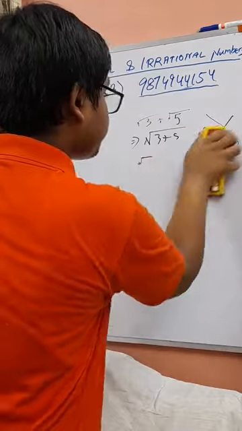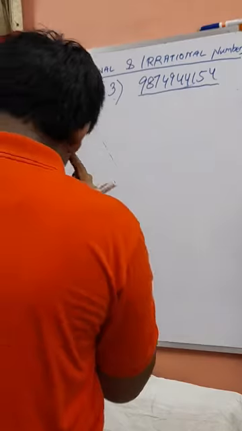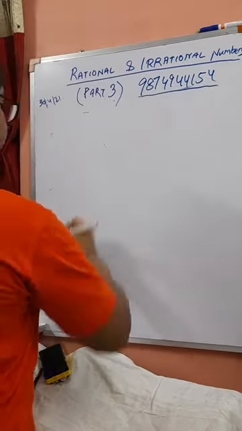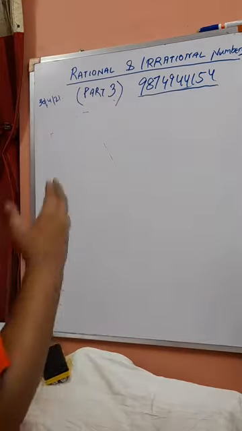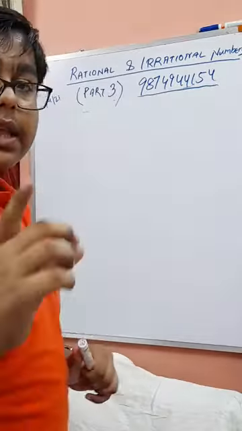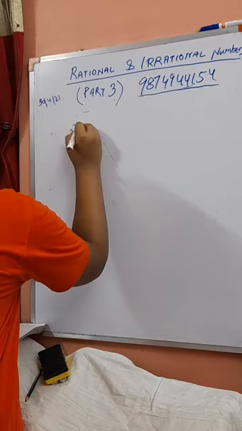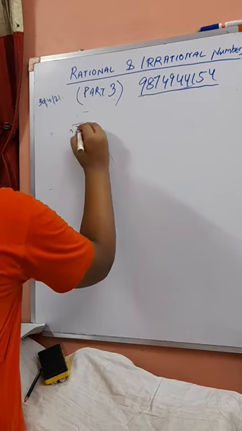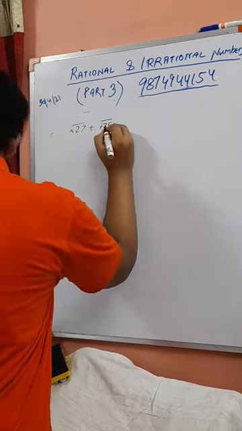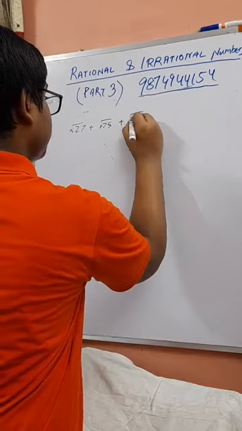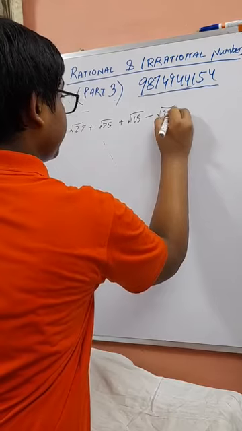Now we go to some types of sums on surds. For example, we will be given the value of one surd, and we first have to simplify everything to only that surd, and then calculate the value. For example, one sum is root 27 plus root 75 plus root 108 minus root 243.